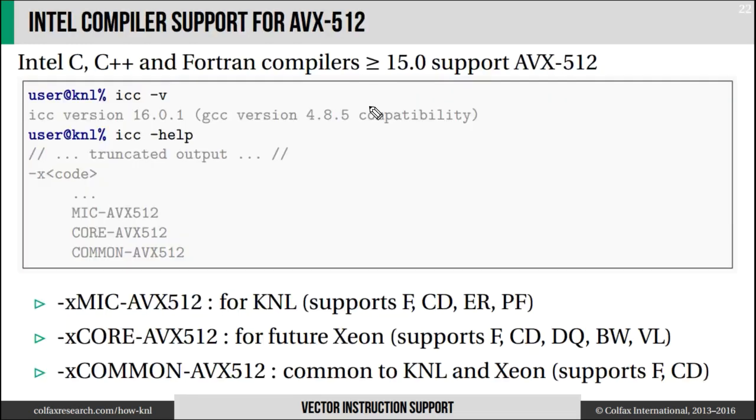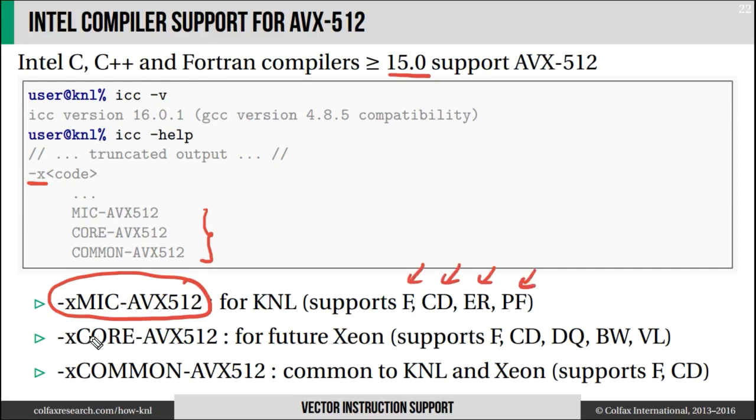With Intel compilers, you can produce code for Knights Landing as long as your compiler version is 15 or newer. To tell the compiler that you wish to produce code for Knights Landing, you can use the -x flag followed by the instruction set code. -xMIC-AVX512 will compile for Knights Landing, so it will use the 4 modules AVX512F, CD, ER, and PF.